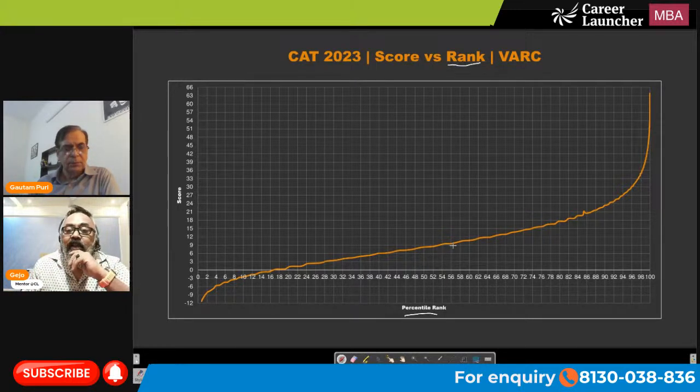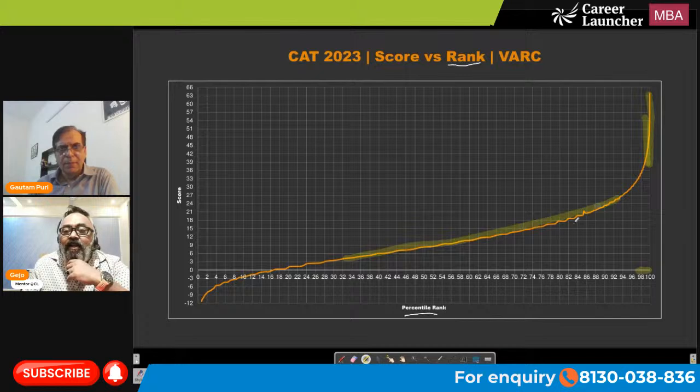What you see is that there is a very steep increase in score at the lower percentiles, where the game is very different, but otherwise the increase is kind of linear till a particular point. Some of you would be in your 20s, some in your 30s, some in your 40s.